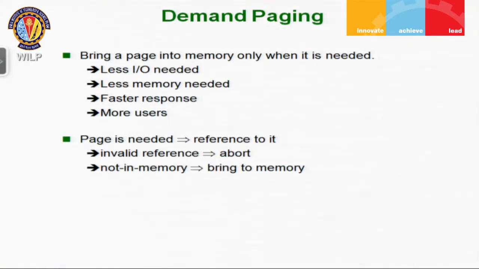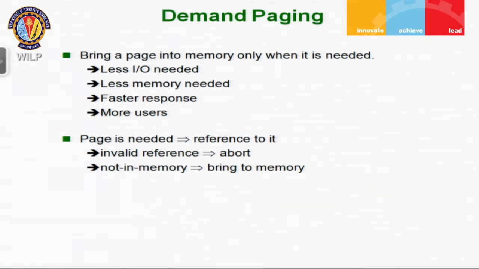Since a lesser amount of IO is carried out, the response would be faster, and since each process requires a smaller amount of memory, more processes or more users can be accommodated in the system.